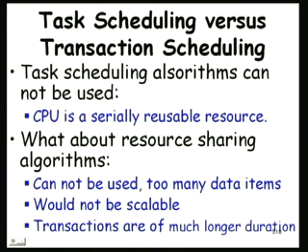And not only that, another difference is that transactions are of much longer duration compared to tasks. So, due to this reason, we can't use the task scheduling algorithms or resource sharing in the context of task scheduling with any meaningful adaptation. We need an entirely different approach to ensure that the transactions meet their deadlines.